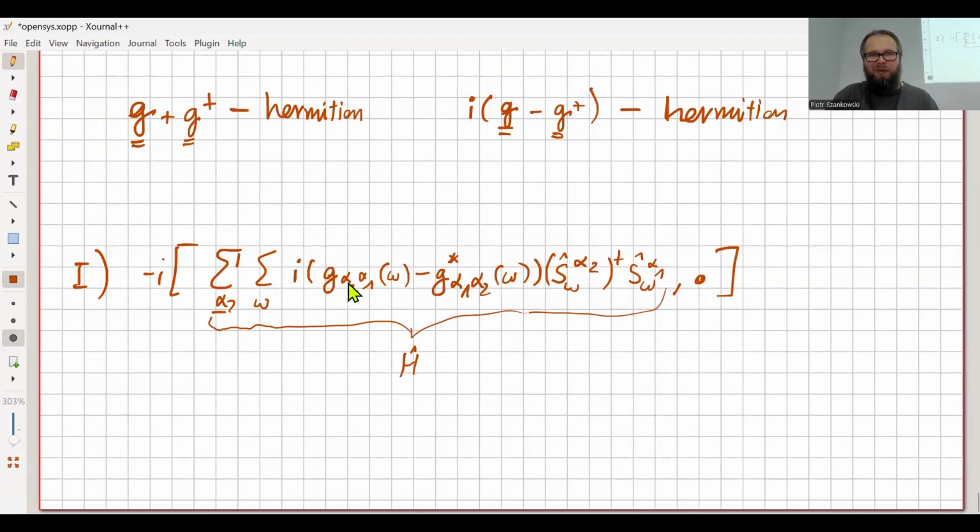Well, because we now know that this combination of coefficients is actually I times G minus G dagger, alpha 2 omega alpha 1 omega, which is a matrix element of a Hermitian matrix, we can actually show that this whole sum, this whole beast, is actually Hermitian.